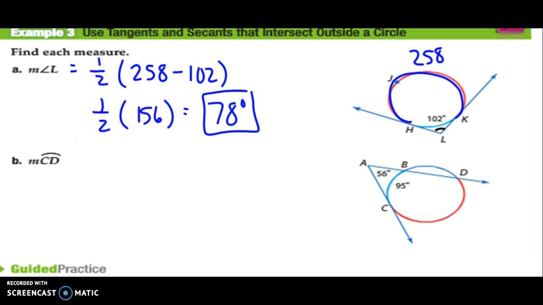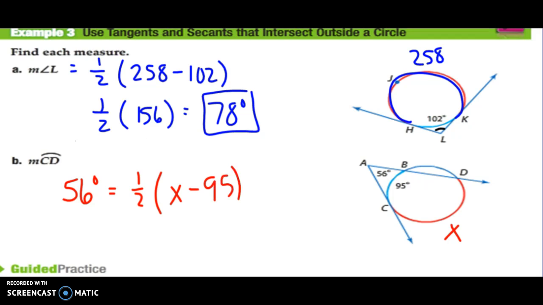Just like we've done in previous examples, if I know the angle, so in our case 56 degrees, angle A is equal to 1/2. The big side we don't know. We don't know what that is. So we're going to call that x. This value of arc BC is x, minus 95.